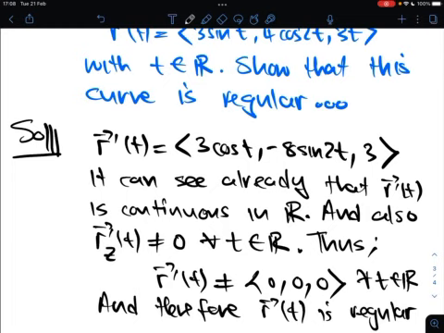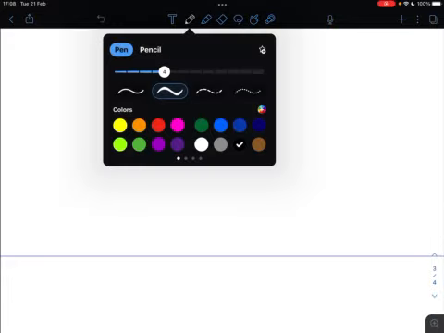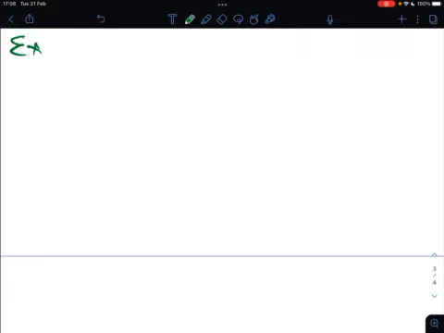So let's see now another example, different from this one, asking the same thing. Another example that you can get is something like this.